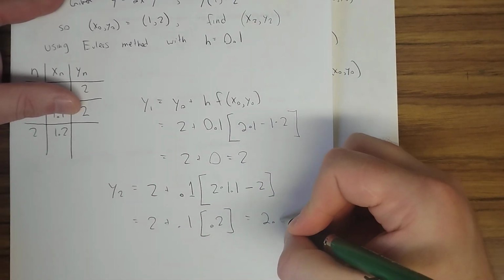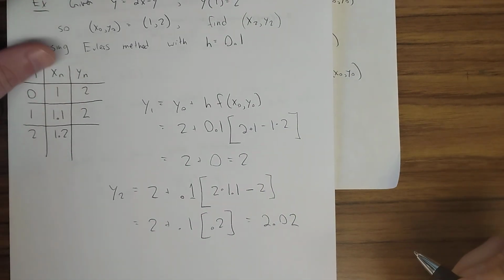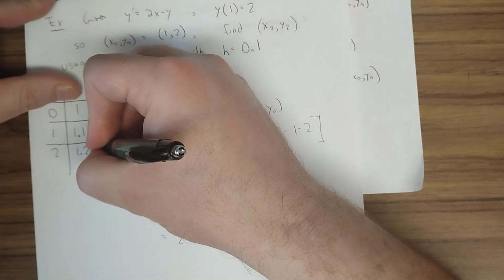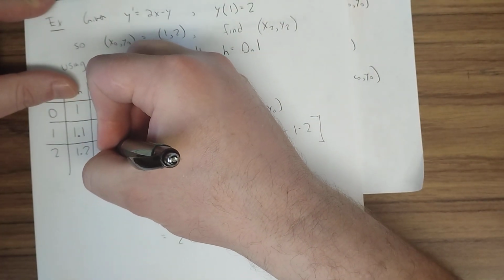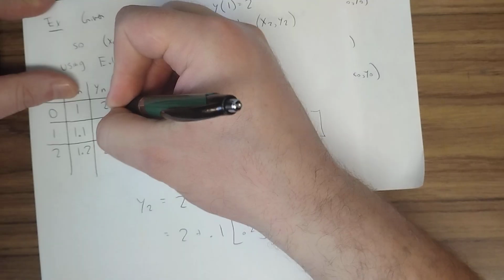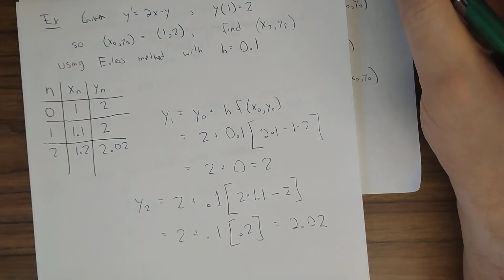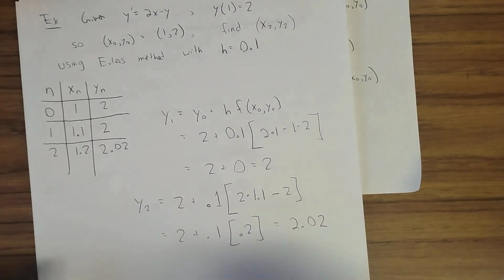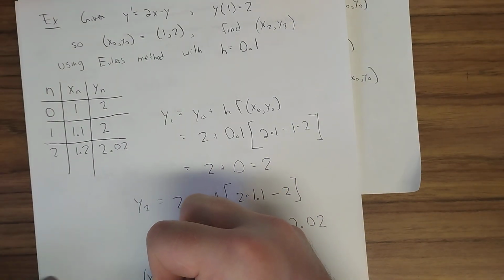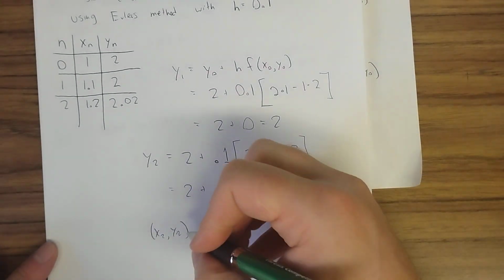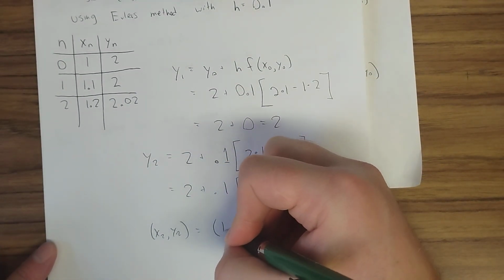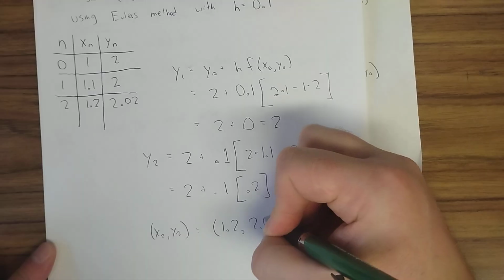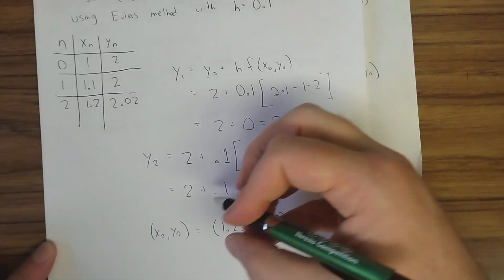So 2.02. So I was wrong. It wasn't 2 over and over again. It's not that far off, but okay, good. So my x2, y2 is that.